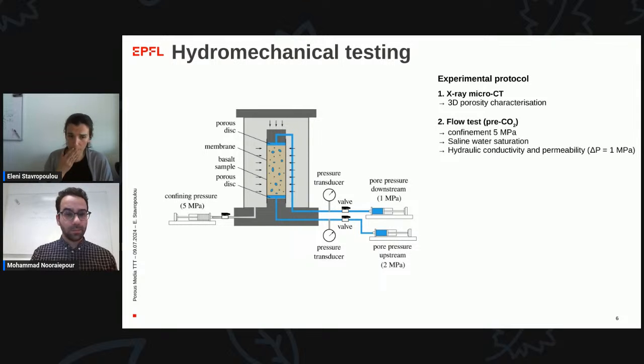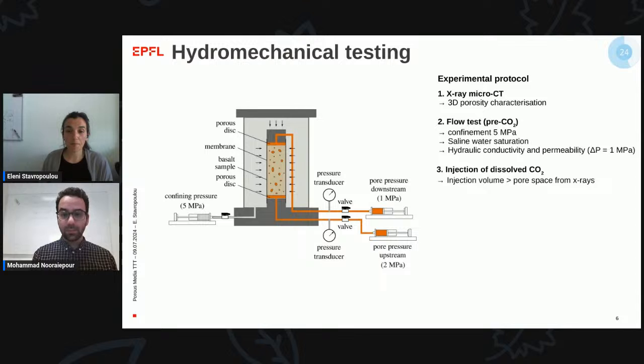More precisely, we applied a hydraulic gradient between the 2 sides of the material of 1 MPa, and we were able to measure permeability. After we assessed these properties, we injected CO2 dissolved into saline water.